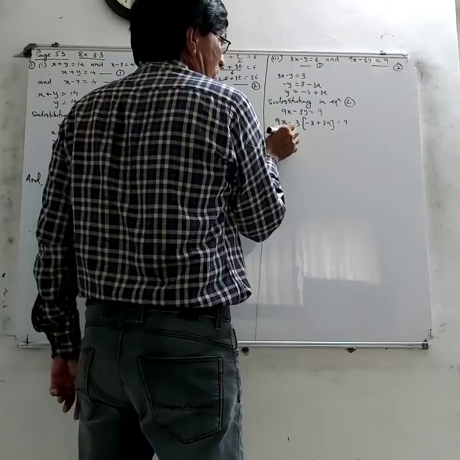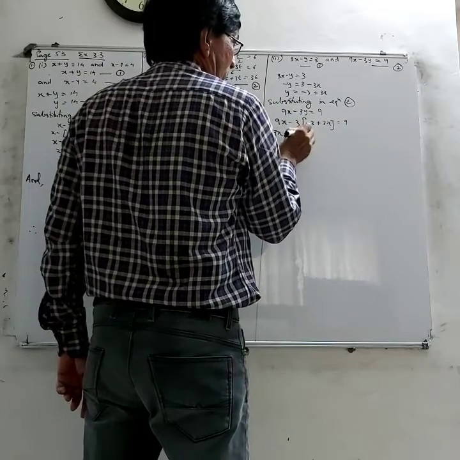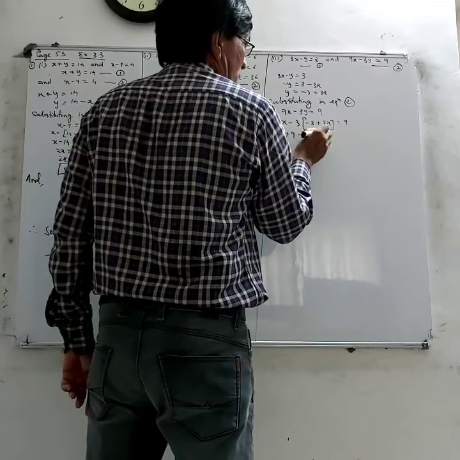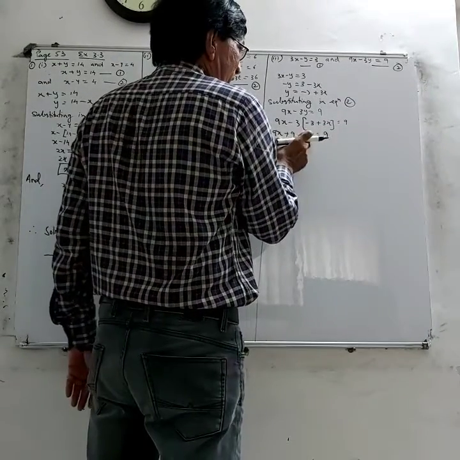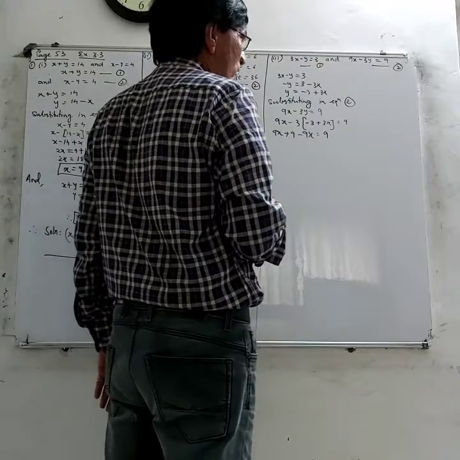Minus minus plus 3 is 9. 9x minus 9x plus 9 is equal to 9. Now 9x minus 9x is 0.